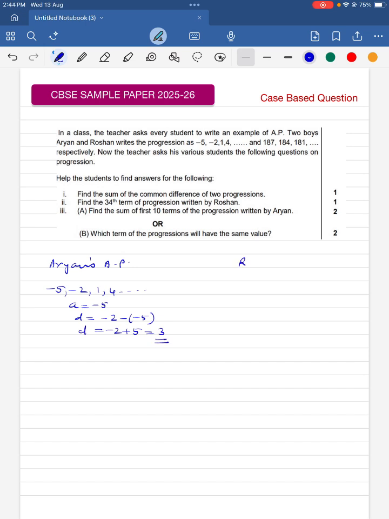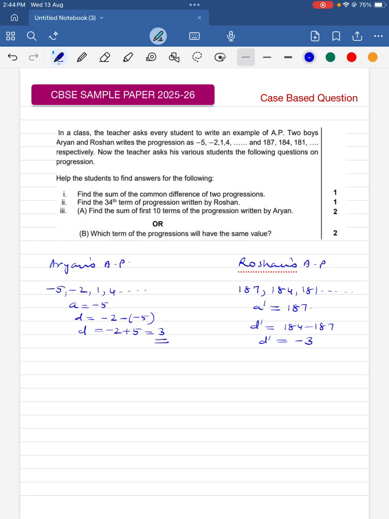On the other hand, we know that Roshan's AP is 187, 184, 181 and so on, in which the first term A dash will be 187 and the common difference D dash will be 184 minus 187, which is equal to -3.